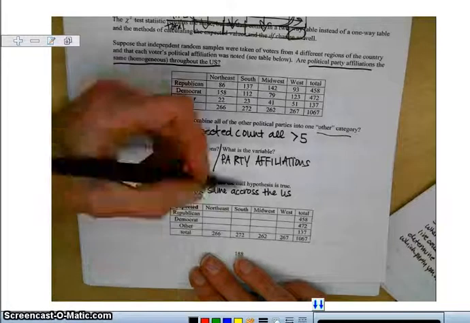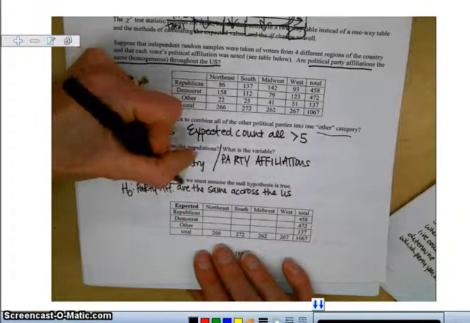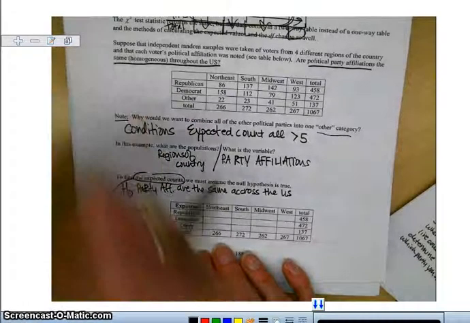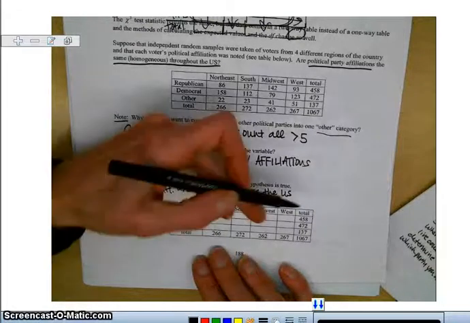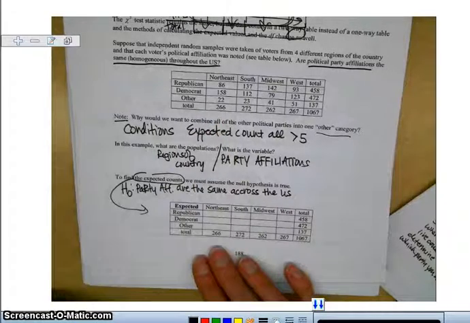What we want to do is find the expected counts. Our totals are going to guide our expected counts.